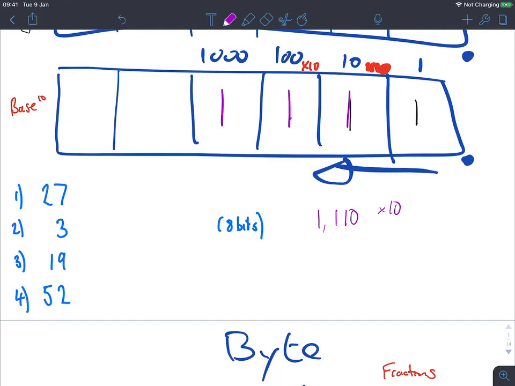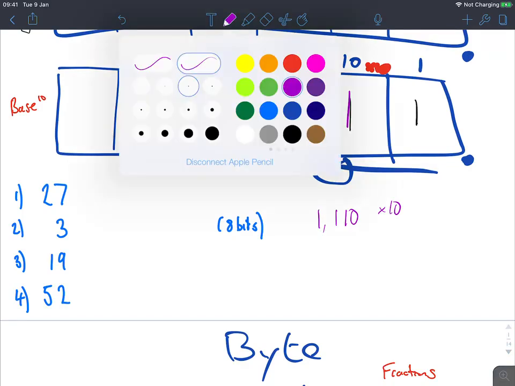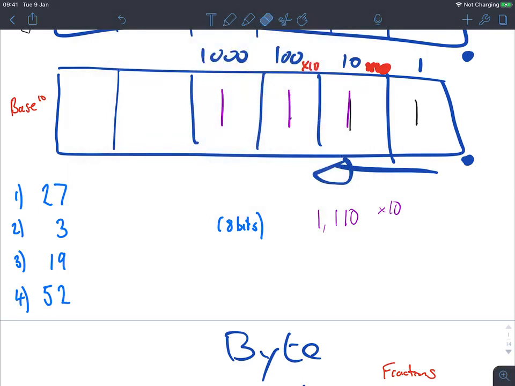So let's have a practice at some binary here. So 27. It helps to have a framework like above. So I'm just going to place the largest number, which is 64. I'll use this for all of them. 32, 16.